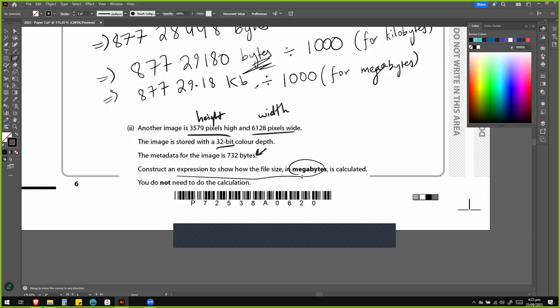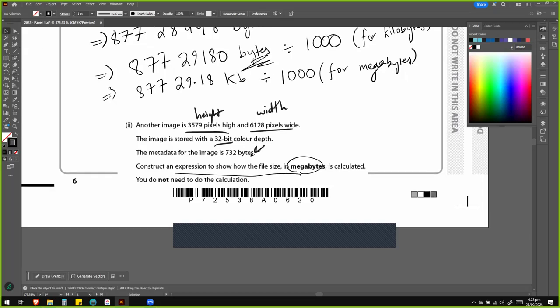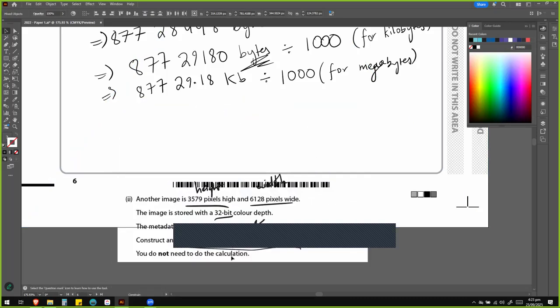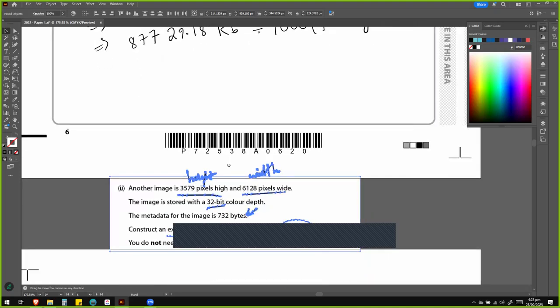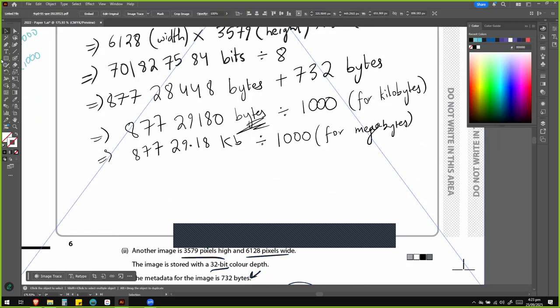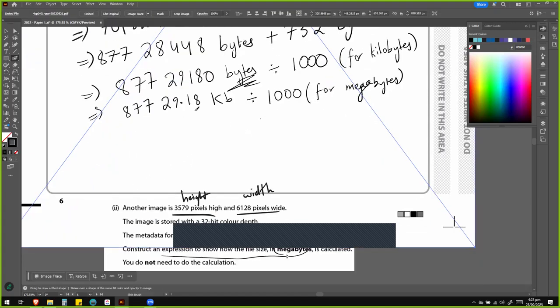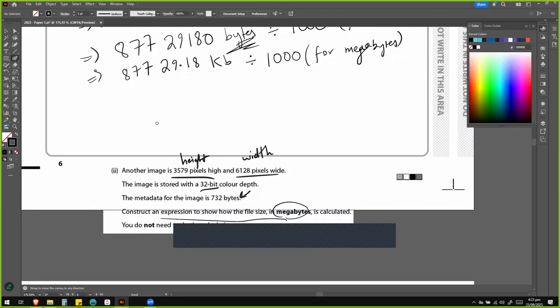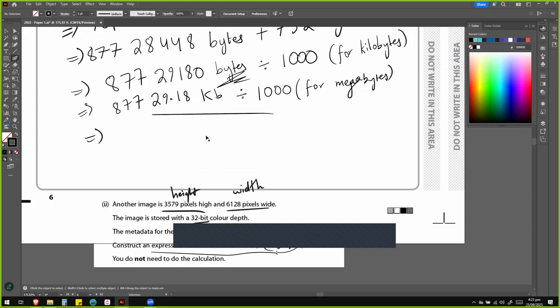The answer is going to be, now I think we can move this stuff down a little bit more so that we can have some more space. Yeah, so now we have more space.